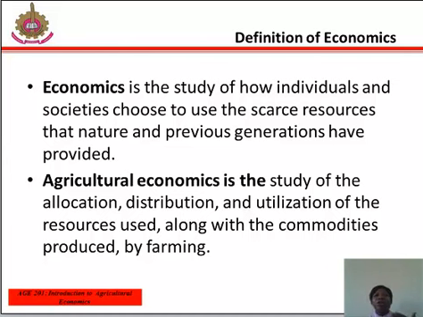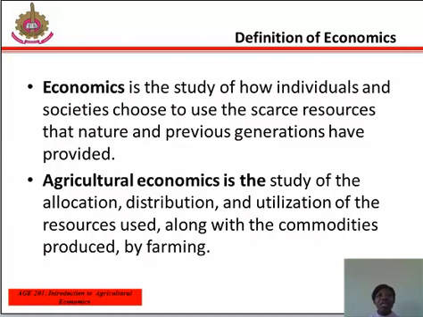So, the question that is often asked is, why do we study economics? Yes, we study economics for the following reasons. Firstly, to learn a way of thinking, that is the opportunity cost, that is the best alternative that we forego when we make a decision, and sunk costs, that is the costs that cannot be avoided because they have already been incurred.